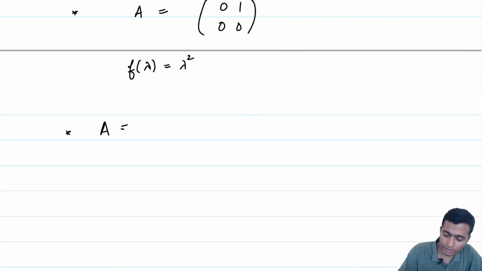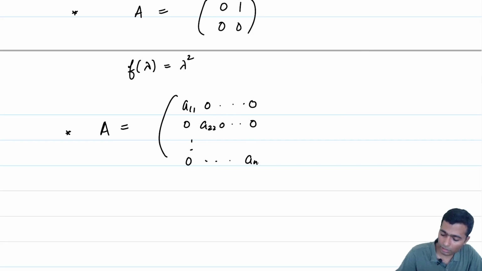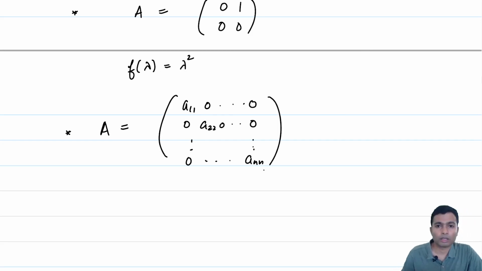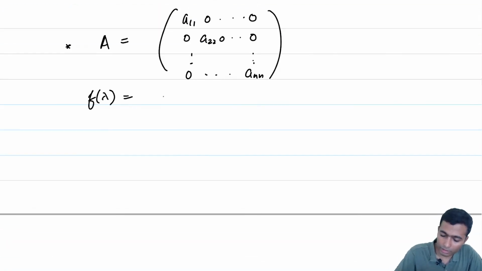So if A is something like A11, 0, 0, A22, and so on, we know exactly what the characteristic polynomial of A is. Here, f of lambda is just equal to minus 1 to the power n times lambda minus A11 into lambda minus A22 up to lambda minus Ann.